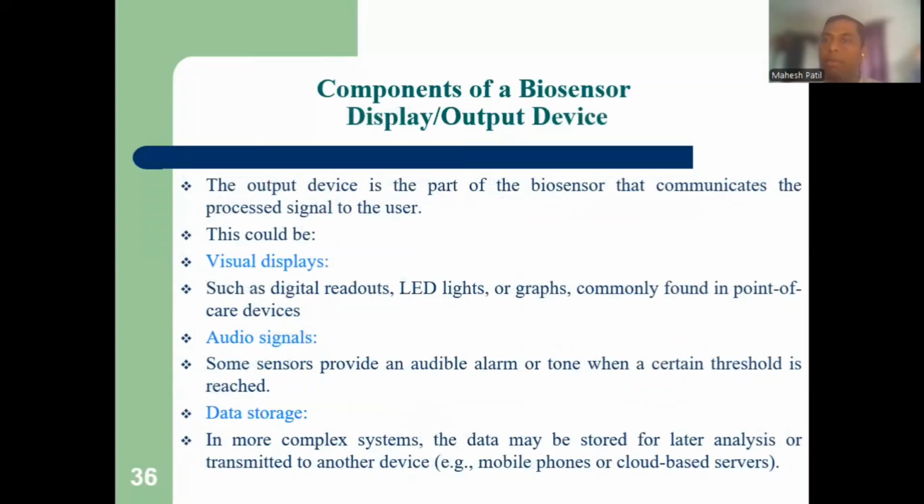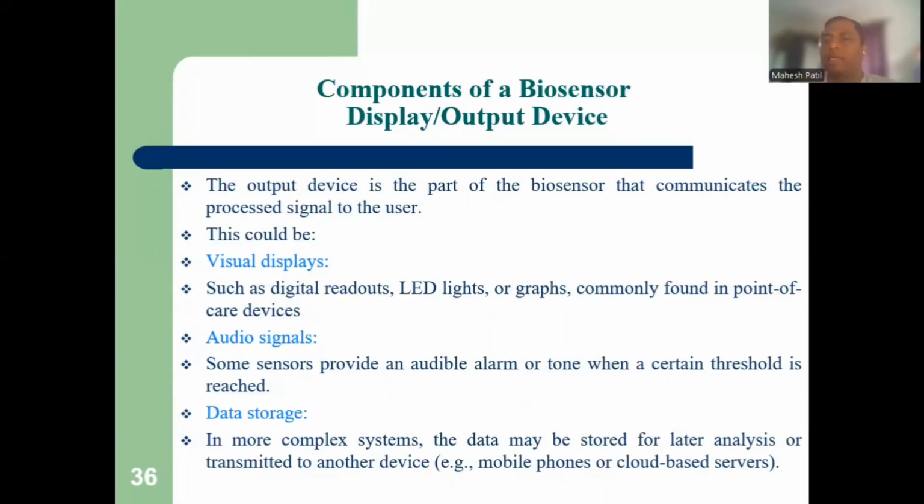Now the next important device, towards the end of the biosensor components, is the display or output device. It depends upon whether we want quantification or only detection, what purpose I am using my biosensor for. Depending on that, my display devices may vary. So what is basically a display or output device?